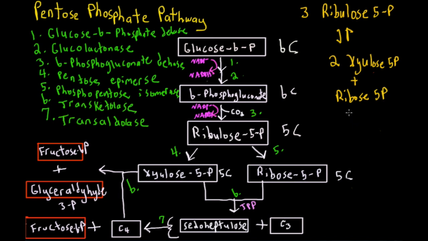And then we can recombine these 3 molecules to get ourselves 2 fructose 6-phosphates, which is going to be 12 carbon atoms total, and 1 glyceraldehyde 3-phosphate, which I'll abbreviate as GA3P. So that's the summary of the non-oxidative portion of the pentose phosphate pathway.